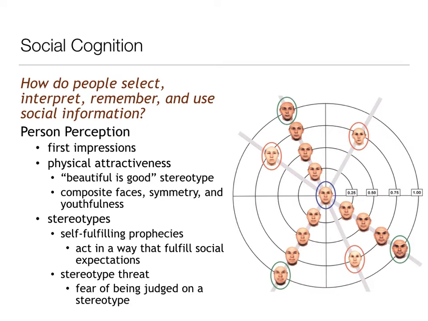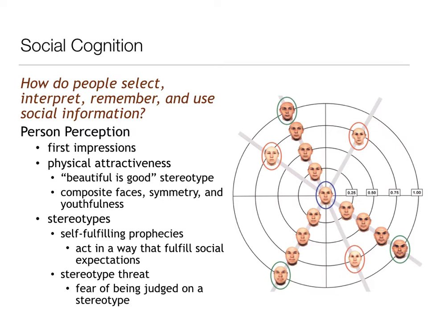Sometimes we will still behave in that way to fulfill those social expectations, whether the stereotype is about gender, ethnicity, religion, or any of the numerous things that we can stereotype people on, because we're humans. Again, the self-fulfilling prophecy is that we act in a way that fulfills that.